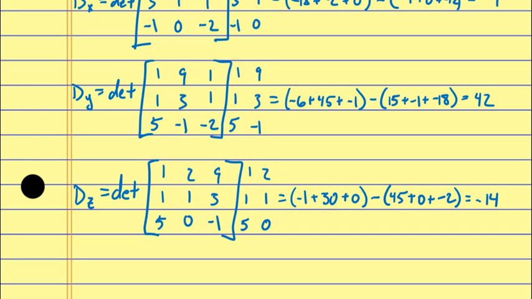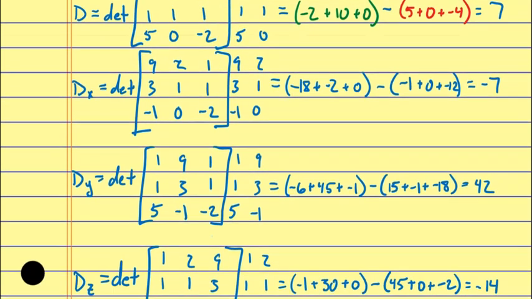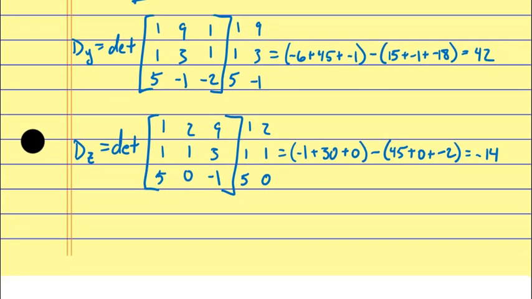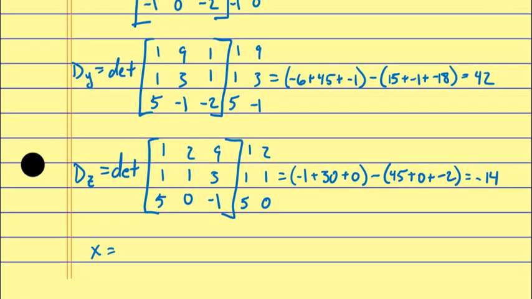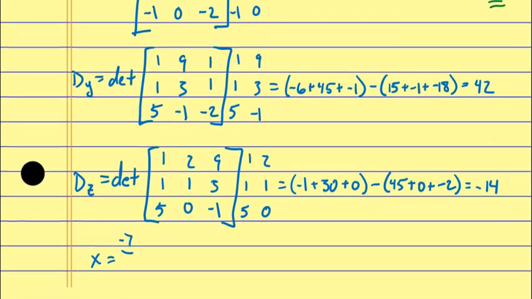Okay. And so now that I have all of these, I simply go back and say, to find the x value, I take the value I got here divided by the coefficient matrix. And so my x value is going to be a -1. I can write that down here. Let's see, x equals, which one was which? It was a -7 divided by 7, which is a -1.